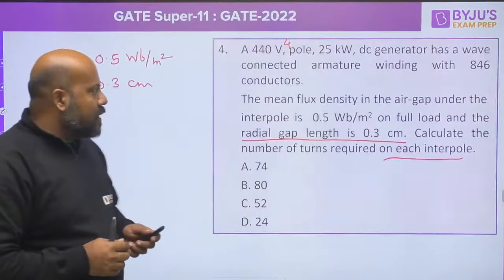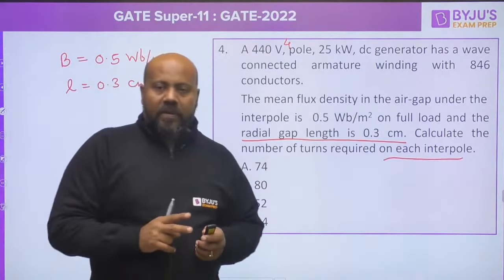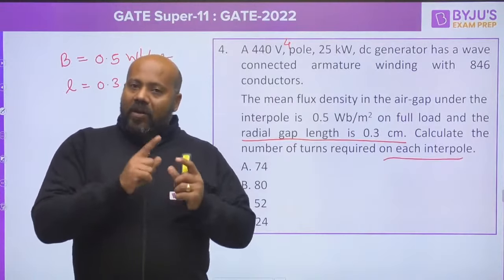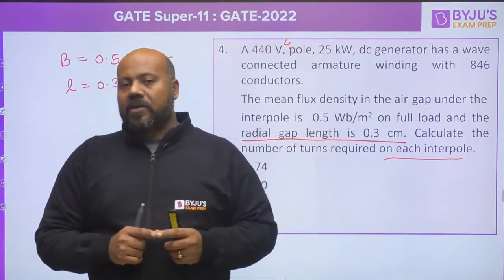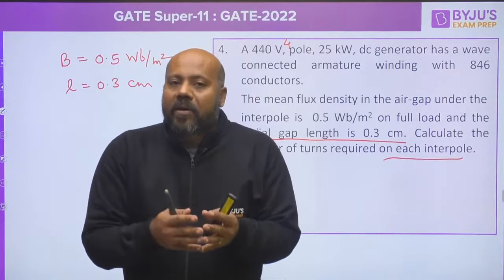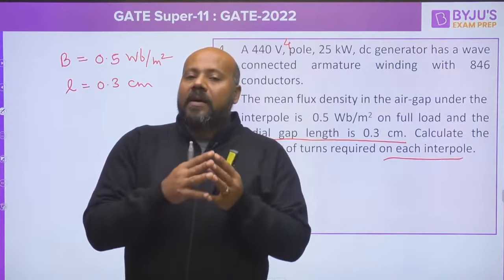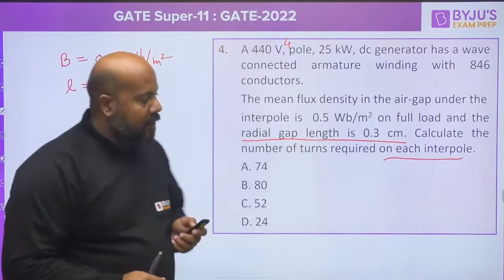But in case of interpoles, the winding is going to have two responsibilities. Along with compensating the cross magnetizing effect of the armature reaction in the interpolar region, they have to take care of, or compensate, the air gap reluctance between the interpoles and the rotor periphery.